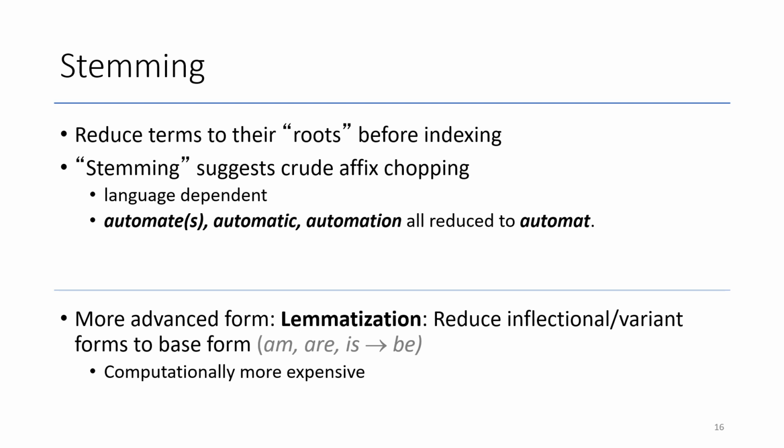A more advanced form is so-called lemmatization, where we keep a dictionary to reduce variant forms to their base form. So for example, am, are, is all reduced to be. Computationally, this of course is more expensive than a simple rule-based chopping off of the end.